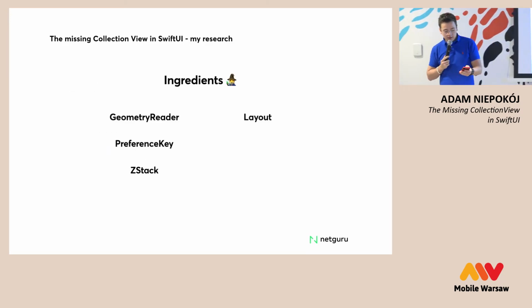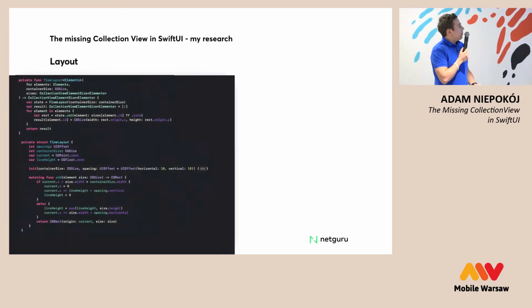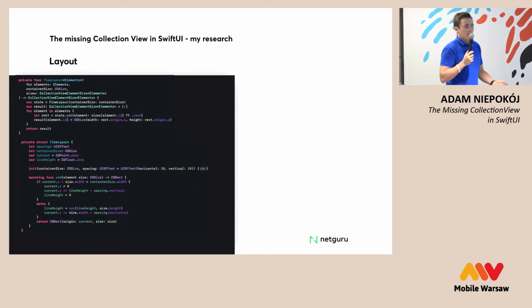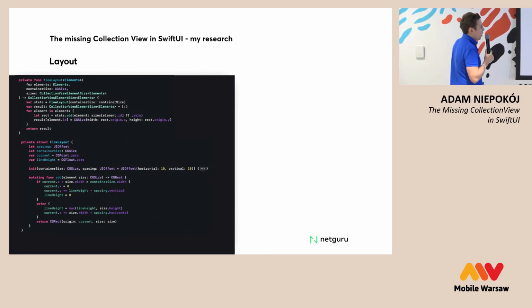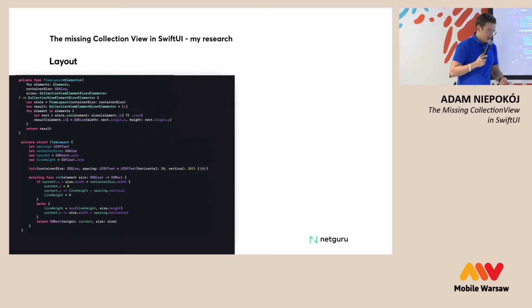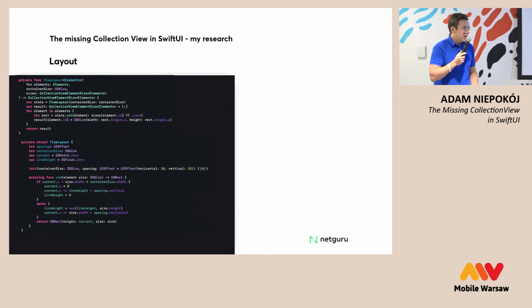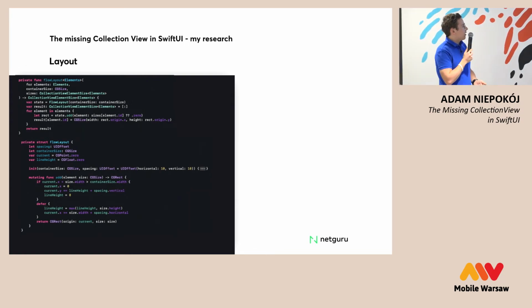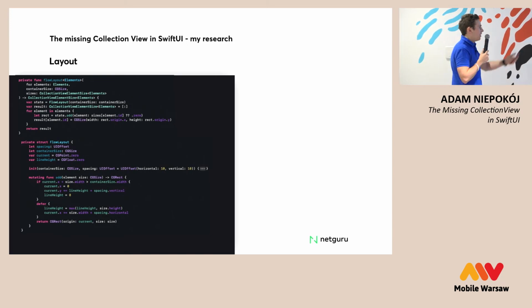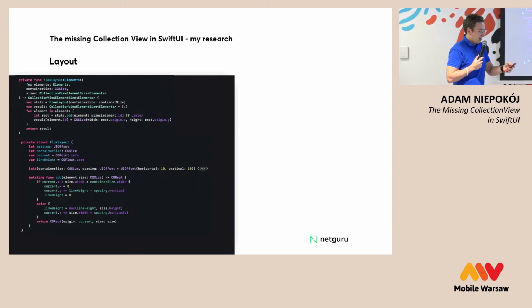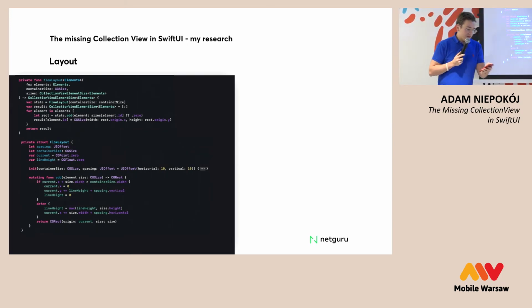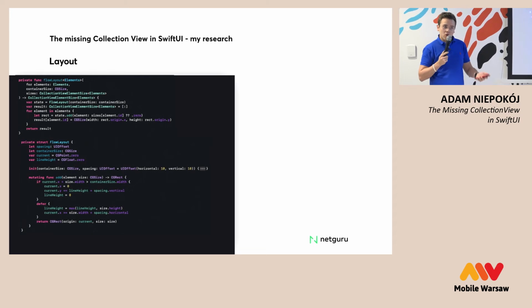The fourth ingredient is layout itself, because we need to somehow calculate it. And here comes the solution. I have to say that I was really inspired, and actually the whole code visible on the slide is taken from a Swift Talk blog post.